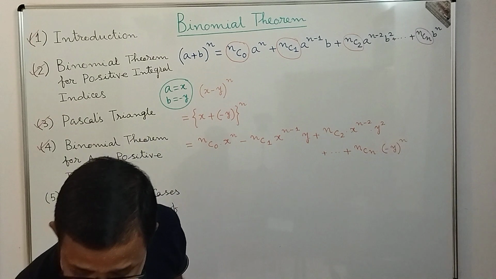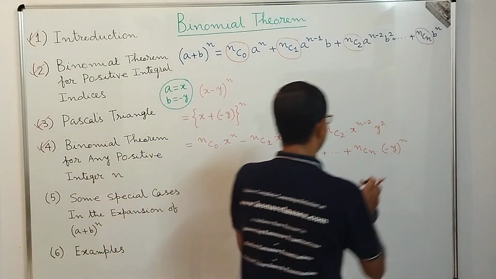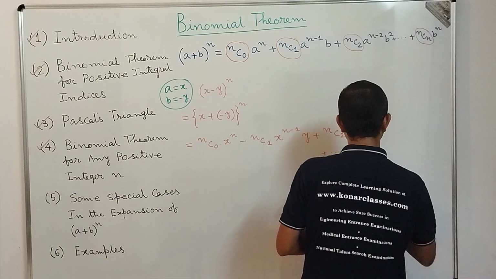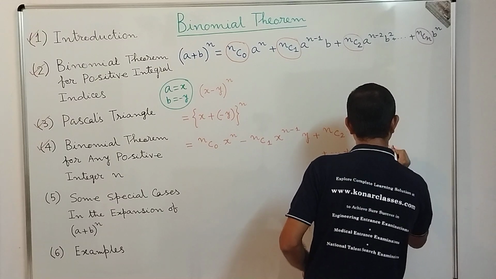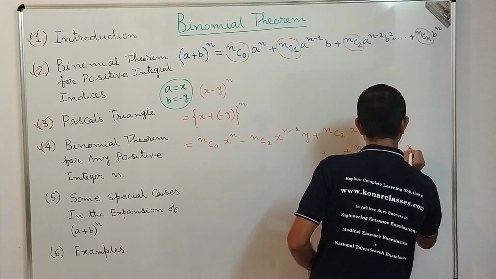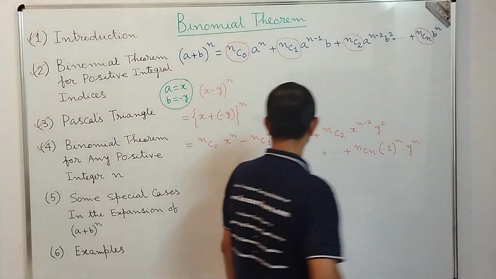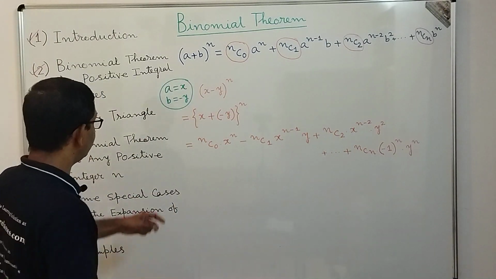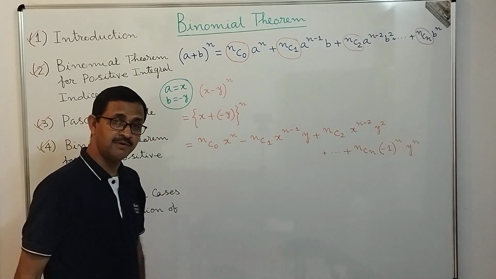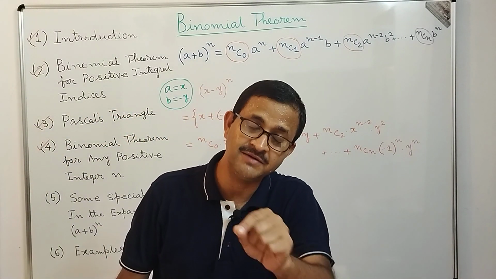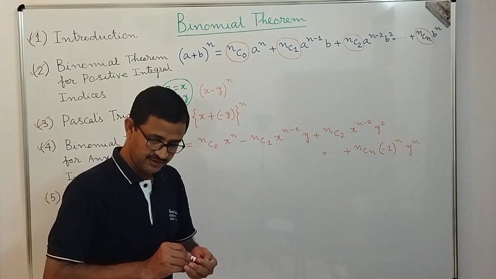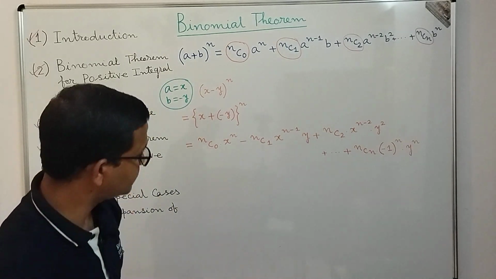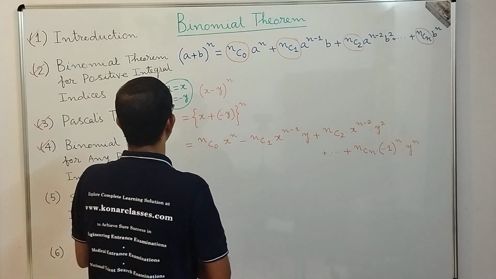So instead of minus y power n, we can write minus 1 power n into y power n. So that is the formula for x minus y power n, which we derived from a plus b power n by considering a equal to x and b equal to minus y.